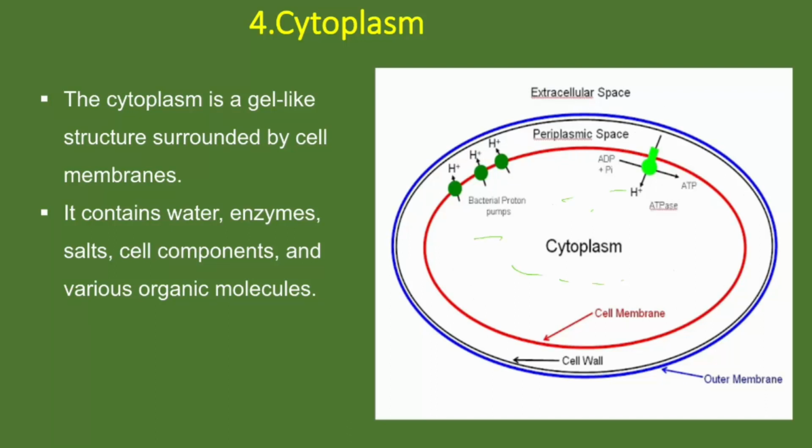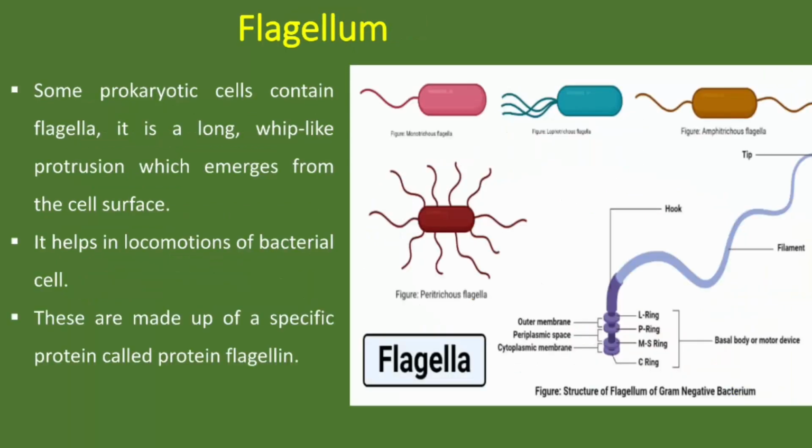In the cytoplasm we will find water, enzymes, salts, cell components like the chromosomes or ribosomes, and various organic molecules which regulate the cellular metabolism of the cell. So this is the cytoplasm.